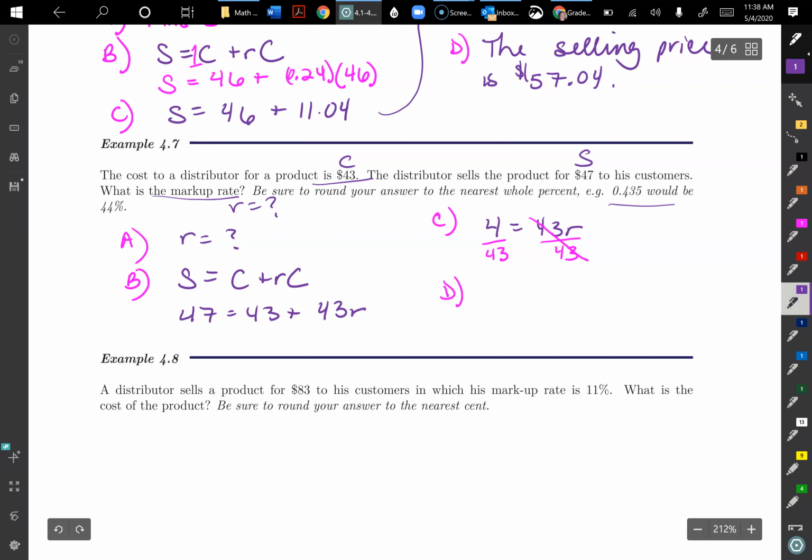So we get R is going to equal 0.09302. Remember, it said to round out to 3 places, so I would get rid of these and have 0.093. So I would round to 0.09.